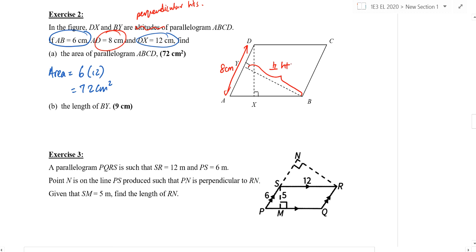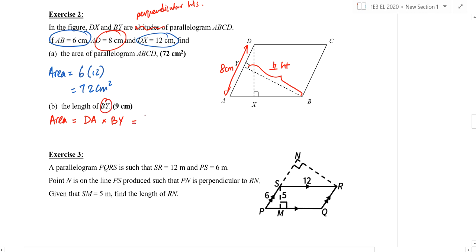So in the previous set of notes, we did similar questions where we used the known area of a triangle to find the perpendicular height of the triangle, where another of the sides was considered the base. So this is using the same technique. Considering that the area is also given by DA as the base multiplied by its corresponding perpendicular height of BY. This is what the question wanted.